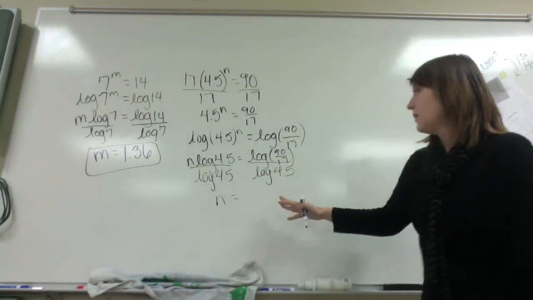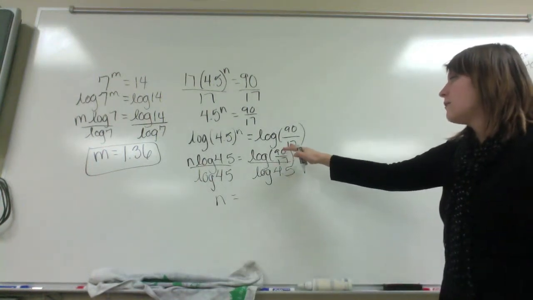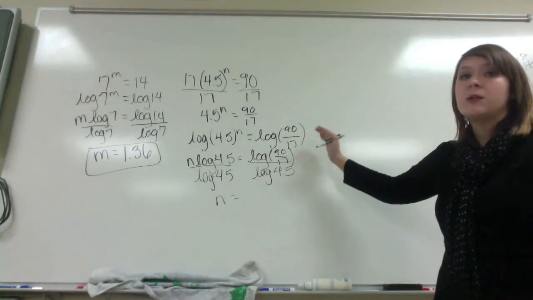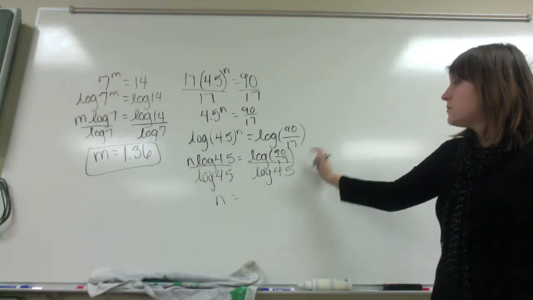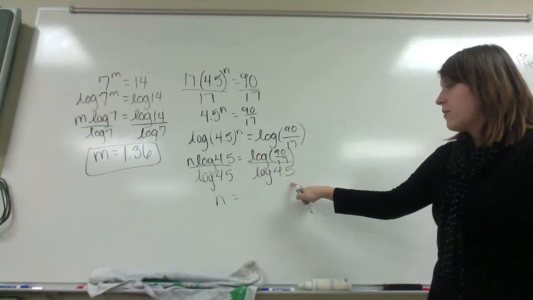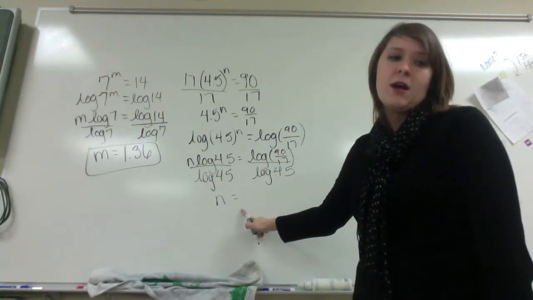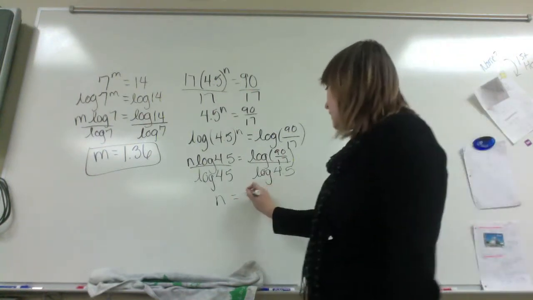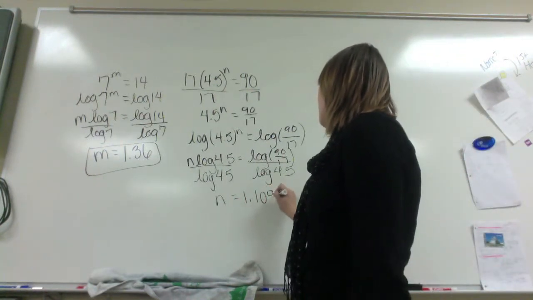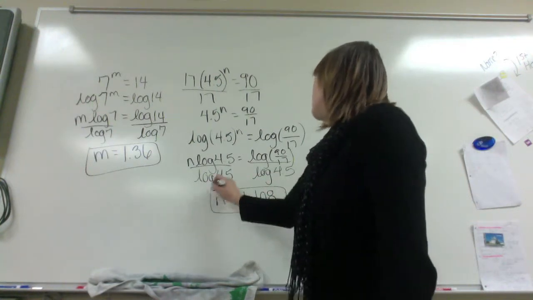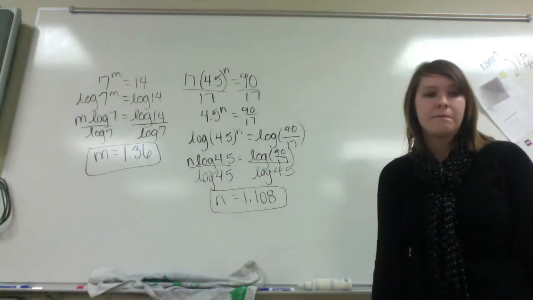So in my calculator, I can plug in log of 90 over 17, make sure you close that parenthesis, divided by log of 4.5, and that's going to get me n equals 1.108. Okay, so that's the answer to that.